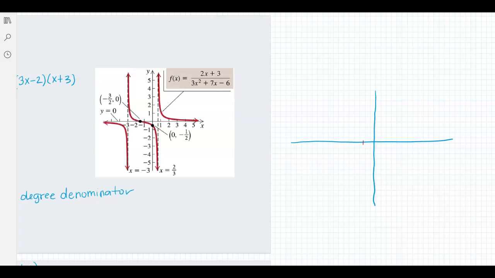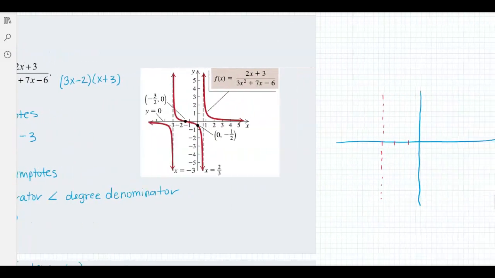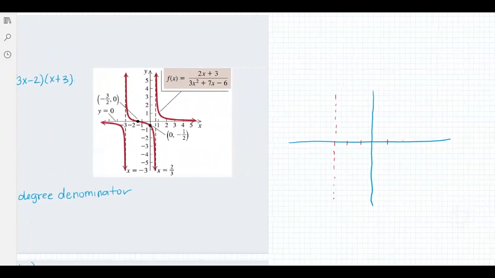Let's just go 1, 2, 3, like this, right? I would have had an asymptote here, and then the other one was at, I think, 2/3. So like about here. And then I also had the x-axis as an asymptote, right?